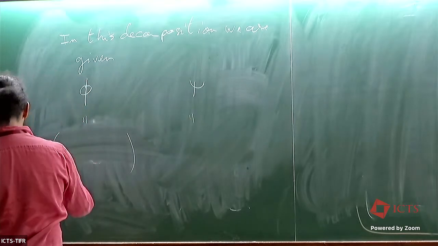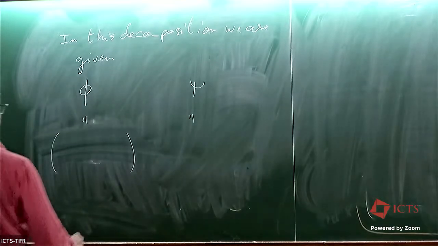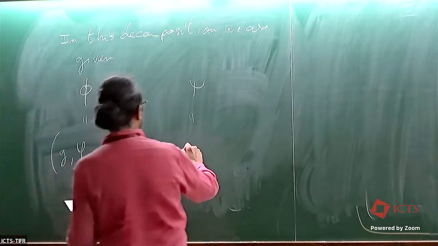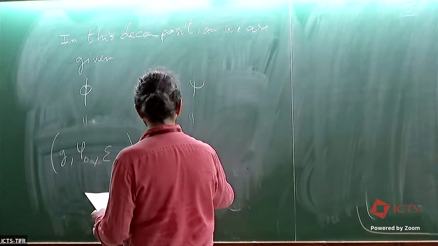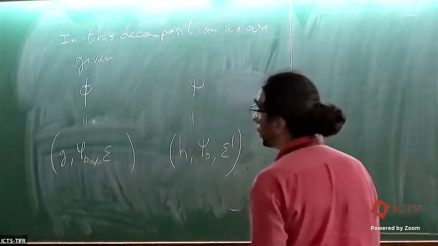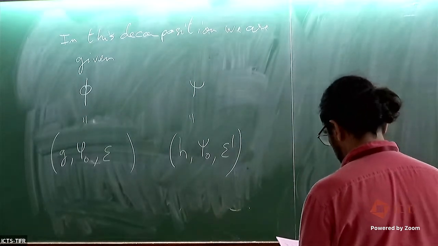We are given two triples like that in the iterated semi-direct product.